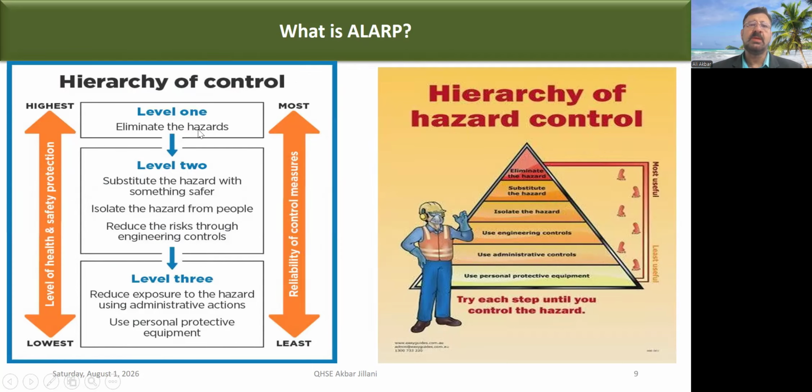Now over here, eliminate. This is the first level of the hierarchy. Level 2 is substitution, isolate the hazard from people. This is the second level. Third level is reduce exposure to the hazard using administrative control and PPE. So three levels of control: elimination, then other processes like substitution, isolate, reduce, engineering control, and the last one is reduce exposure, so the administrative control and the PPE.